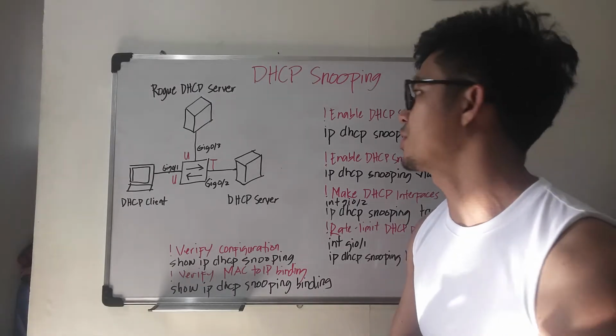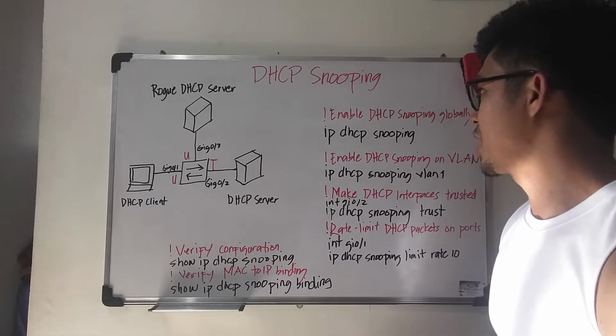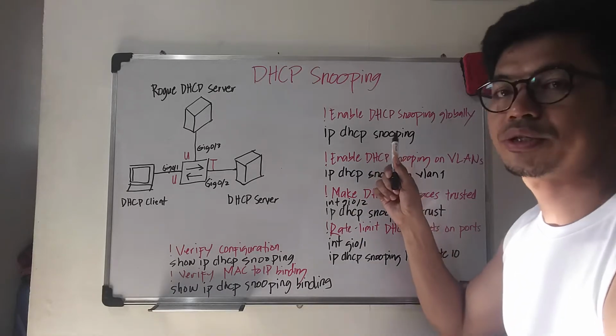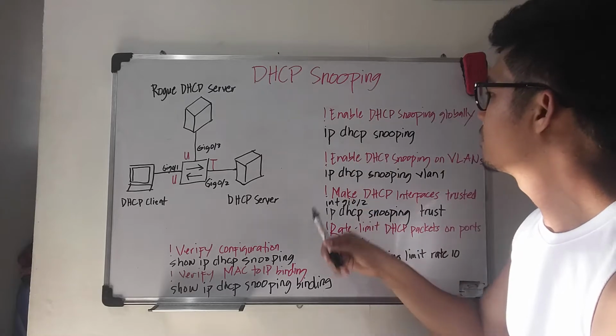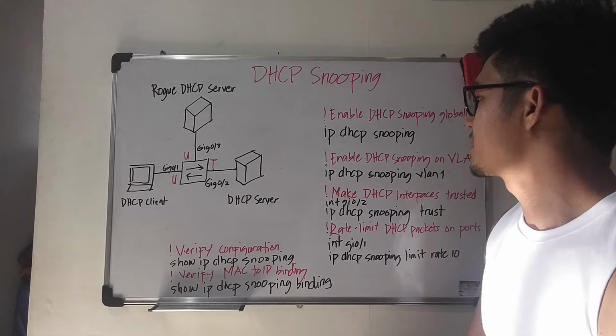It's very simple to configure. Basically, you just need to enable it globally, as you can see here: ip dhcp snooping. You do it on the switch globally.